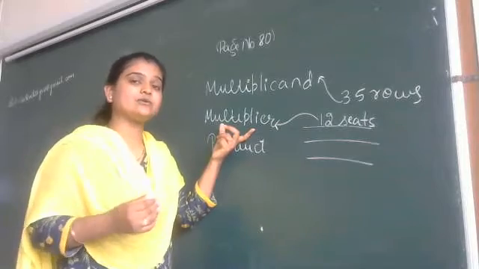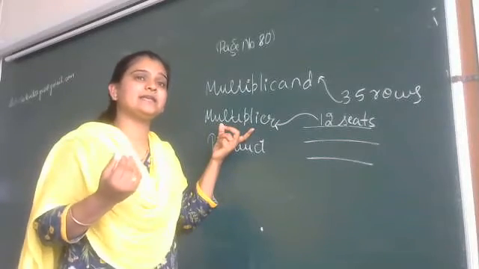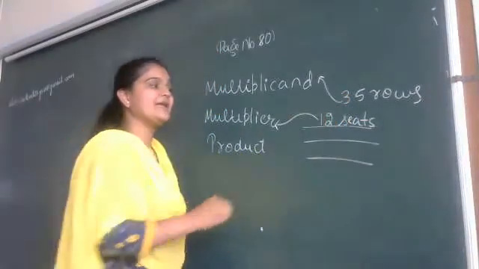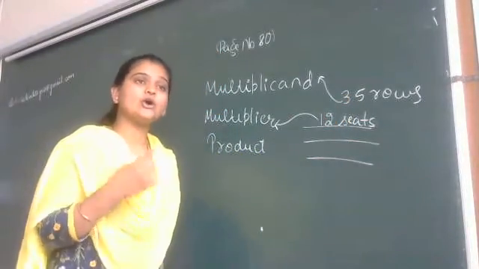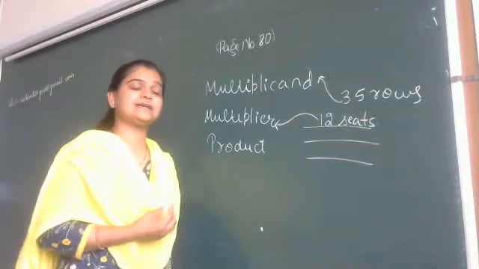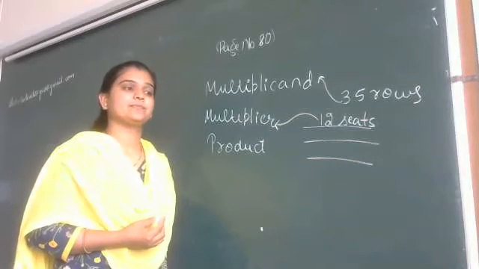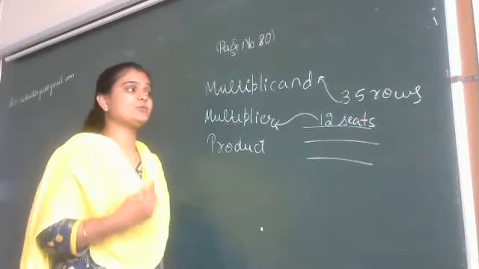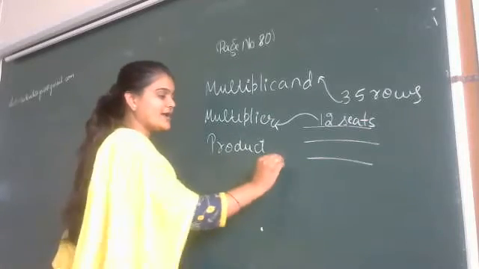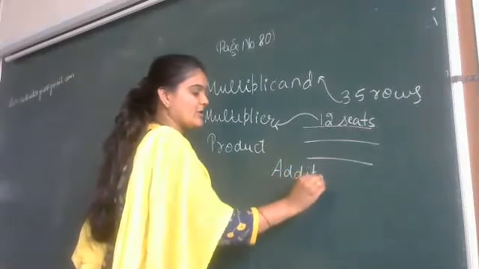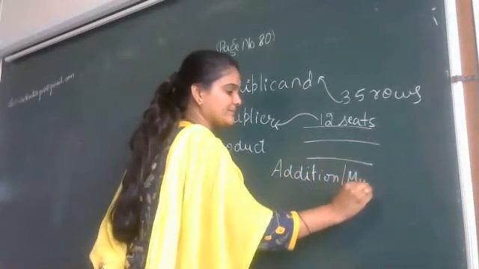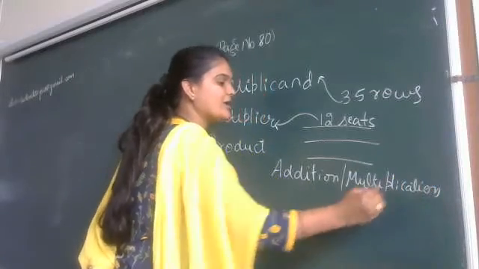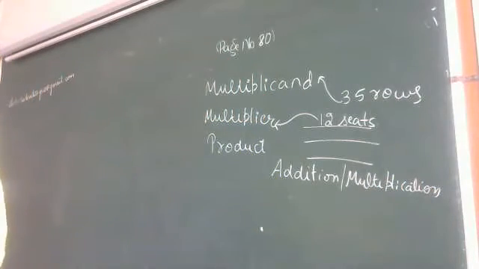We want to find out how many seats are there in a cricket stadium. What you will do? You will be multiplying 35 by 12. Will you add or you will multiply to find how many seats are there in the cricket stadium? Multiply. How to judge whether a problem given is for addition or for multiplication?